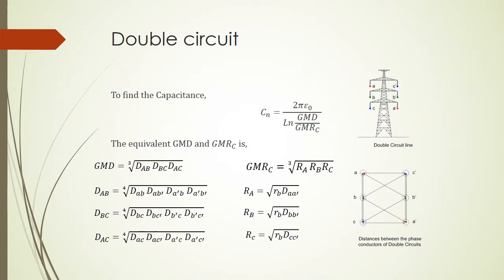It is the average of the radii of phase A, phase B, and phase C. In this case, we can notice that the bundle looks like a bundle of two strands. So RA will be the square root of the bundle radius R times the distance between A and A prime. The same applies for RB and RC.